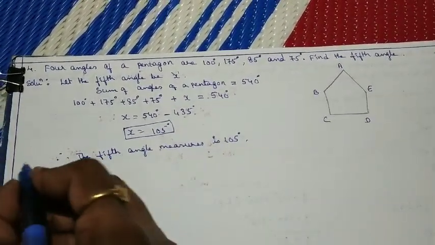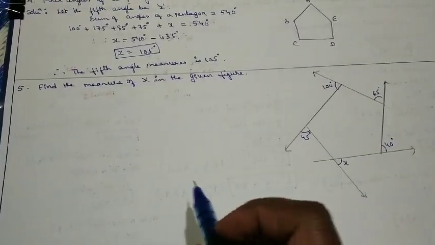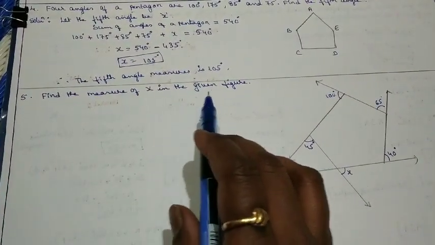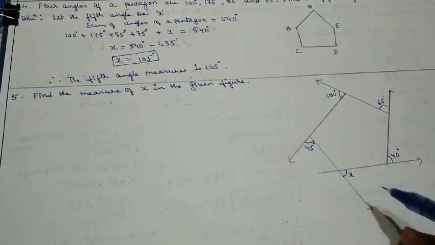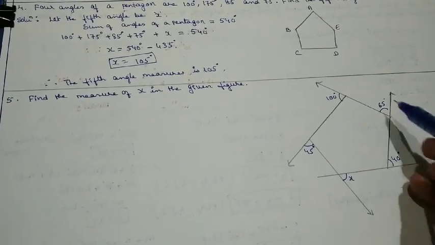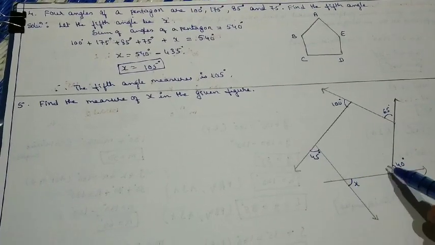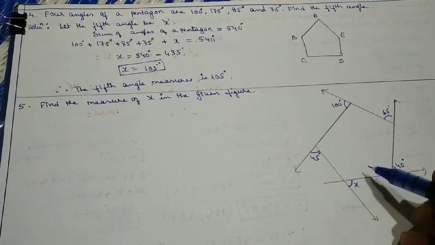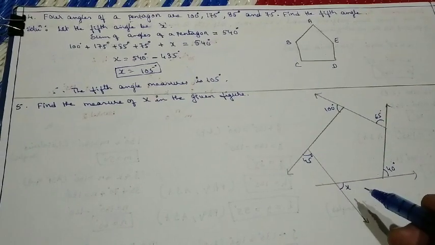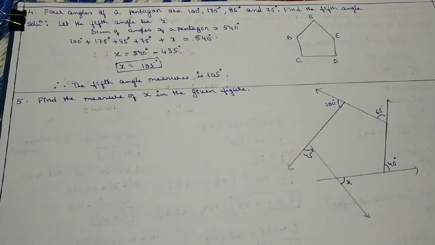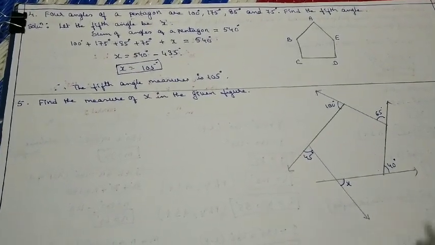Now let me move to the fifth question. Find the measure of X in the given figure. First you find where the X is. Yes, X is lying in the exterior of the polygon. What kind of polygon is it? Pentagon, right? And this X is lying in the exterior of the pentagon. So we have to apply the exterior angle sum property of any polygon.